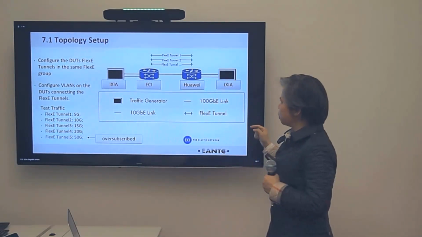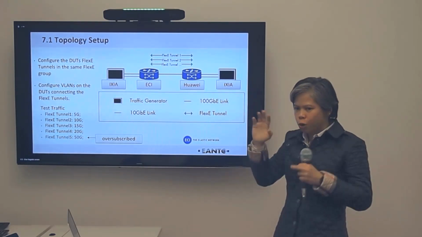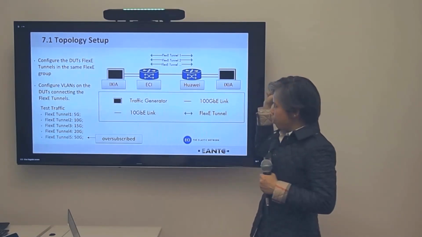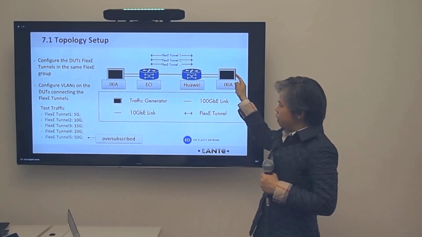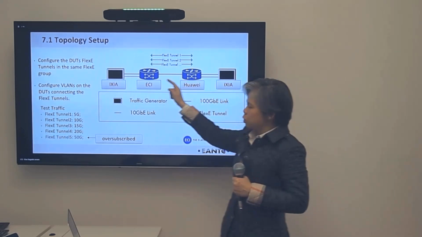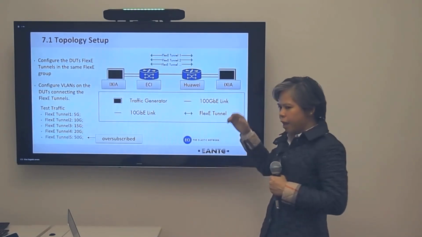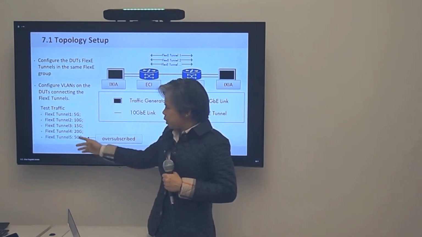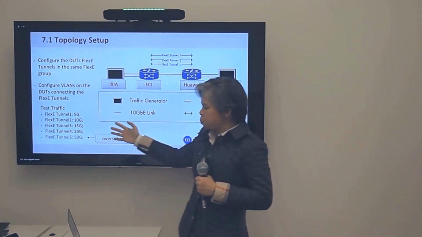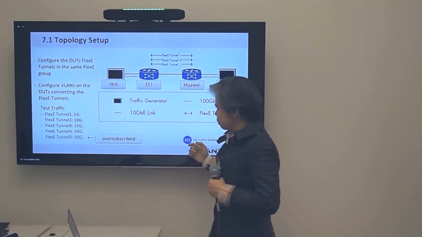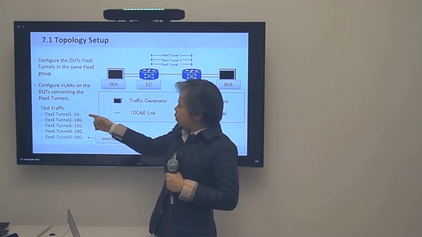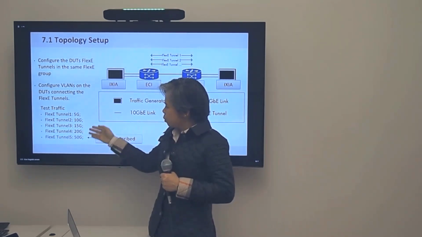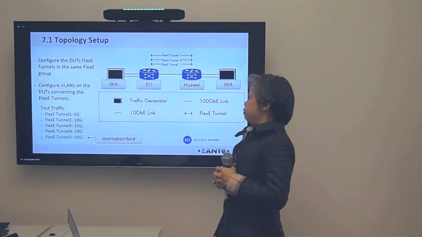In principle, as the control setup, we will be running 100 gig traffic from this test point to this test point. In this 100 gig, there will be 5 tunnels, corresponding to 5 VLANs. VLAN 1 will be 5 gig, 2 will be 10 gig, 3 will be 15 gig, 4 will be 20 gig, and the 5th one will be 50 gig.